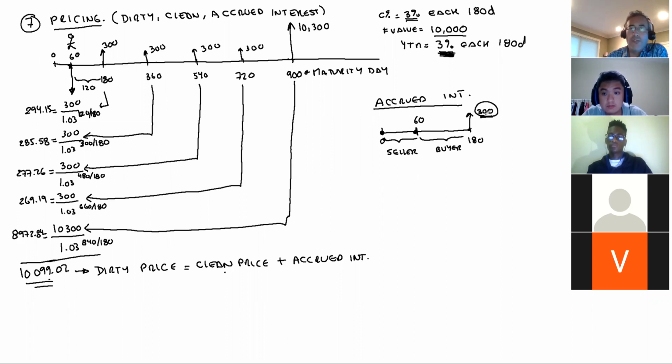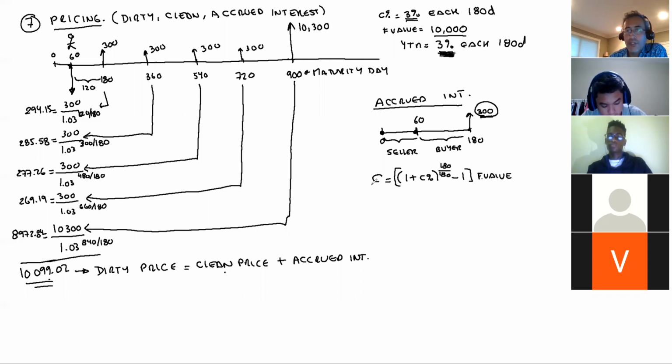Now, first thing to remember, how do you compute the coupon? The coupon, guys, is going to be simply 1 plus the coupon rate, to the 180 over 180, minus 1. And then you multiply this by the face value.